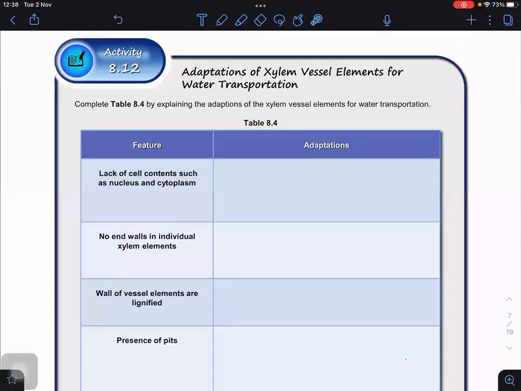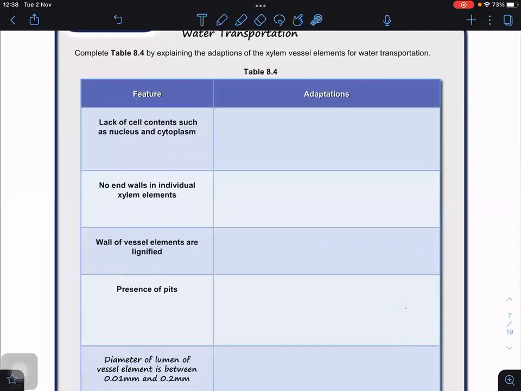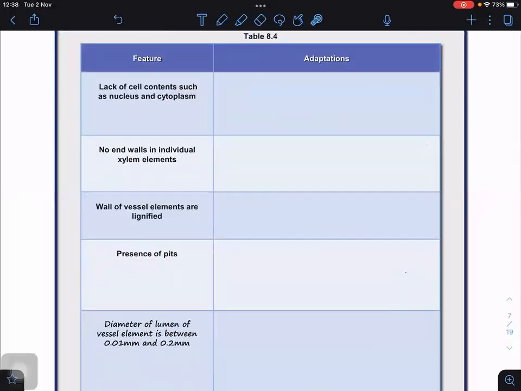No end wall in the individual xylem elements, meaning broken down. The wall of the elements are lignified, and they have the presence of pits. And last, you can see that the diameter is 0.01 to 0.2 millimeter. So let us look at how each of them helps to make this xylem vessel element functional.